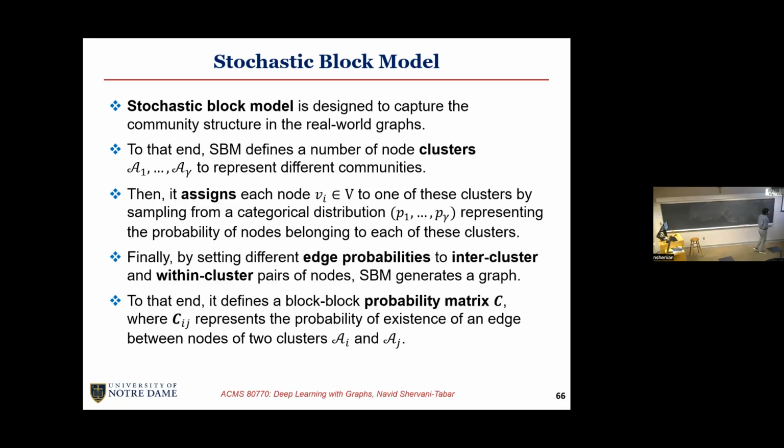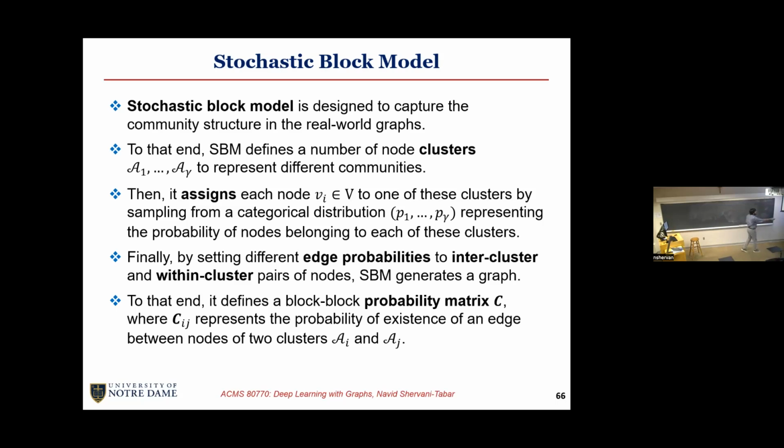The second step is that I want to show some sense of community. So I want to have different probabilities of edges between nodes within each cluster and in between different clusters. So I want different edge probabilities intercluster and within cluster. To show that, let's say that I have gamma communities, clusters.